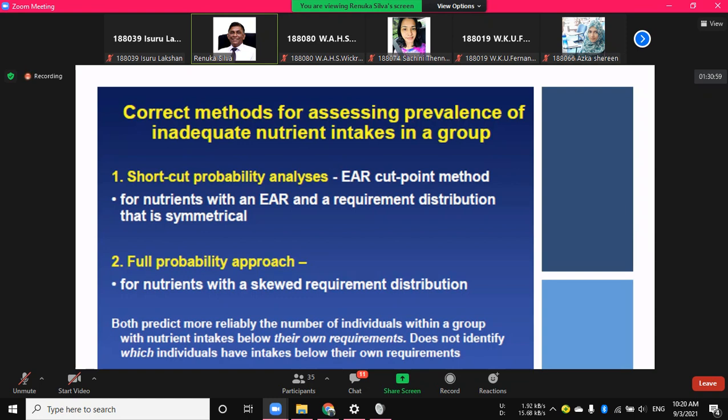And now I want to know the probability of having adequate nutrients. So you can write it down. My research question is, what is the probability of achieving the adequate amount of nutrients?